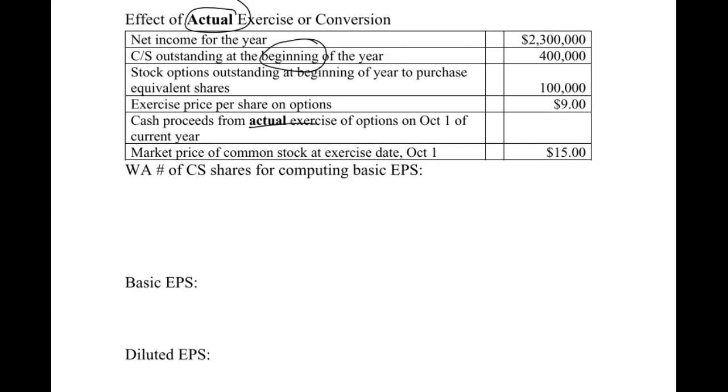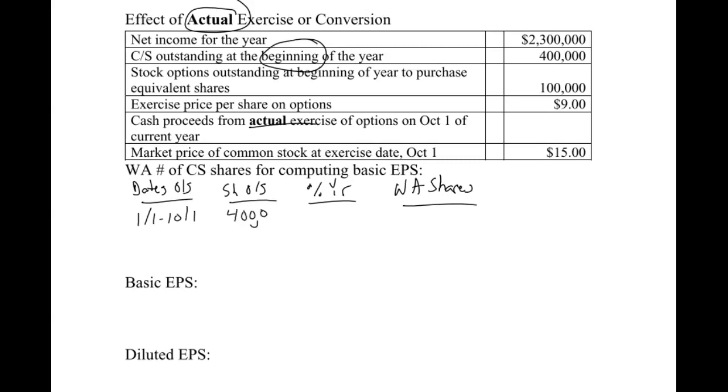So let's do that. We had those tables that I set up in the previous videos, where I had dates outstanding, shares outstanding, the percent of the year, and a restate column if there was a dividend or split. There's not in this example, so I'm going to skip that and speed things up, and that gives me weighted average shares. From the beginning of the year up to October 1st, all we had was the beginning balance of 400,000 shares.